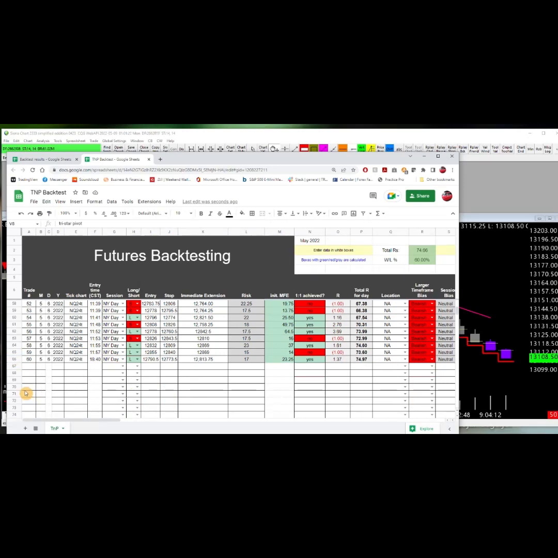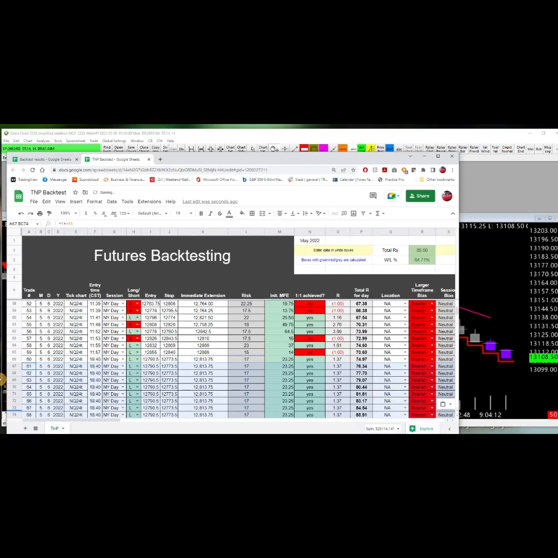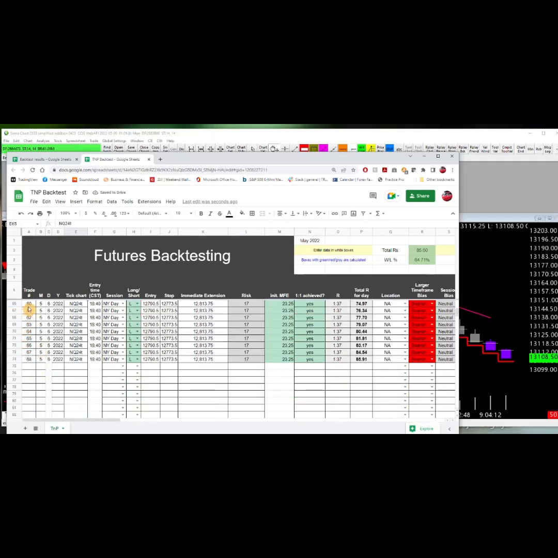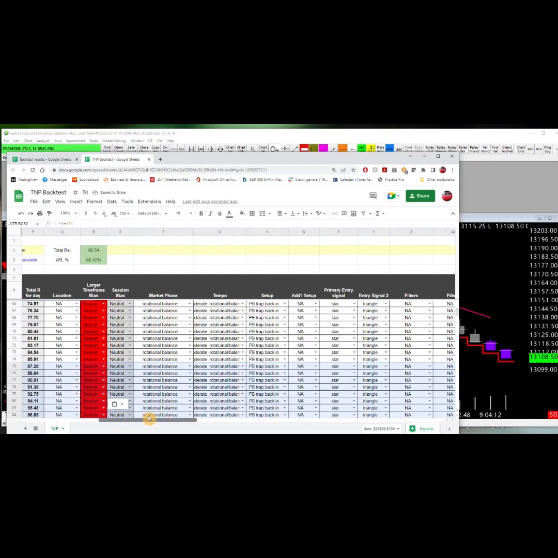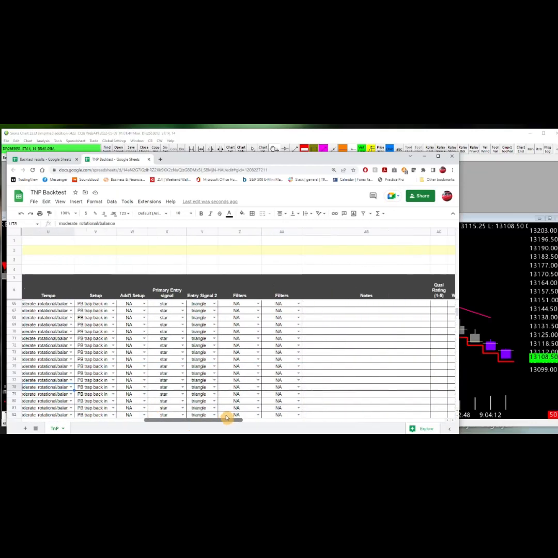If you have more than 60 trades, what you can do is copy one of these rows and then paste with Control V as many more as you want. And you can see that this number just continues. And you can do that, Control C, and then Control V. And then all of the rest of the formatting will stay the same if you do that.